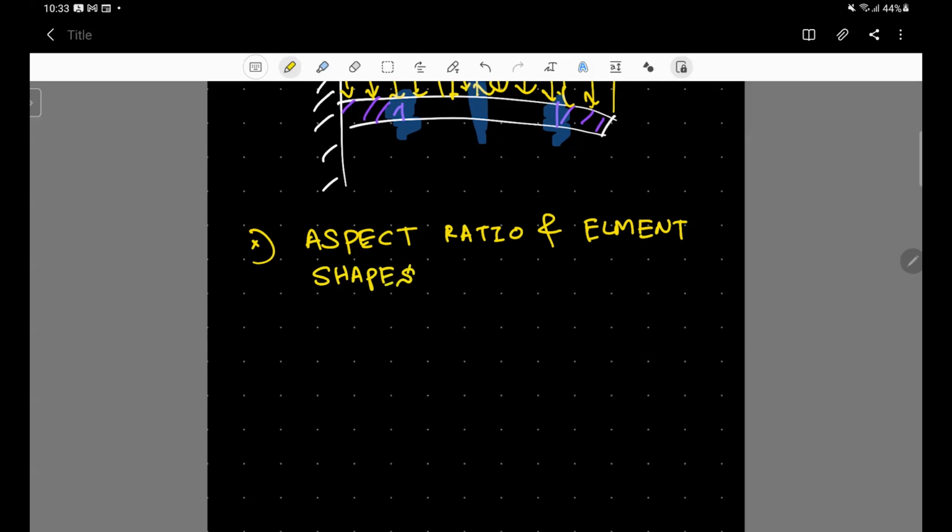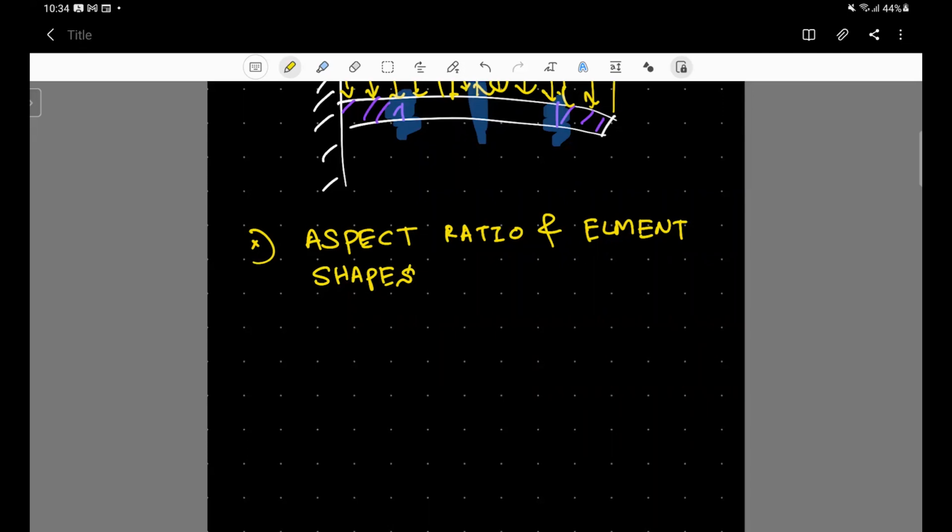So we say, of course, the aspect ratio is defined by the ratio between the longest dimension of a certain element to the shortest dimension. It is the general rule of thumb in FEM simulation that the aspect ratio should be as close to 1 as possible to improve the simulation results.